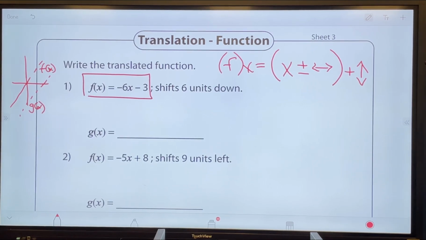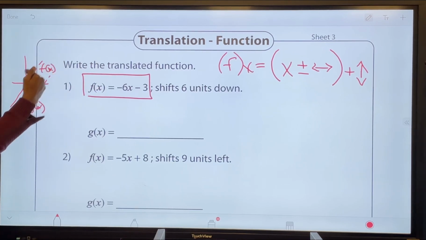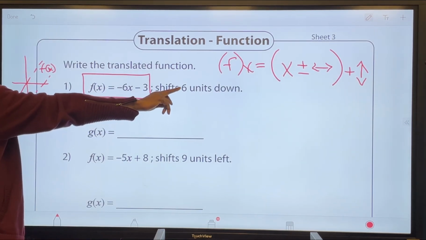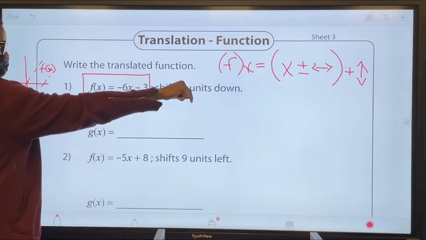Pretty much. All right, so the first line, like Eddie was just asking, the f of x is explaining the first line here. That's what this line looks like on the graph. You now got to present a second line where it shifts down 6 units.